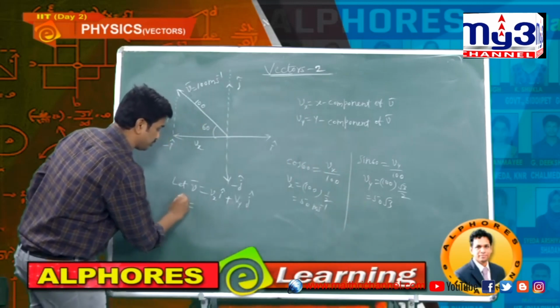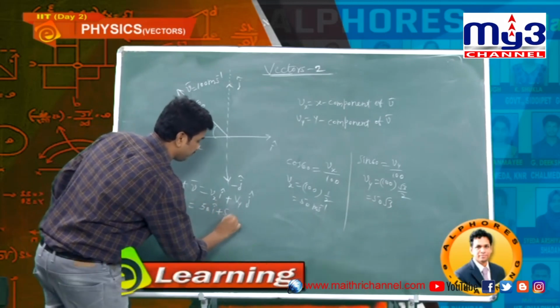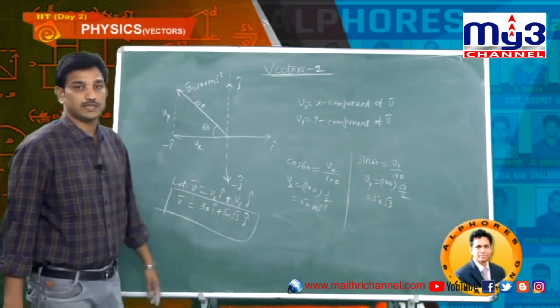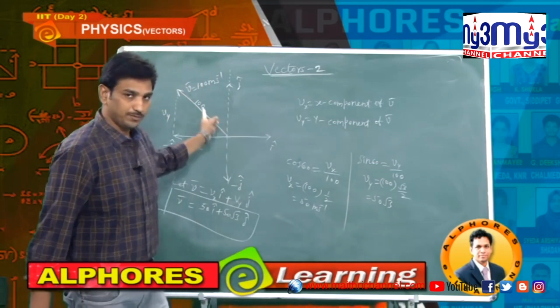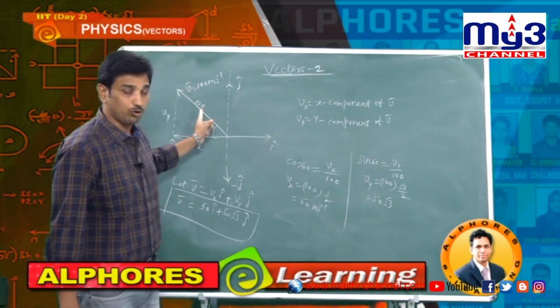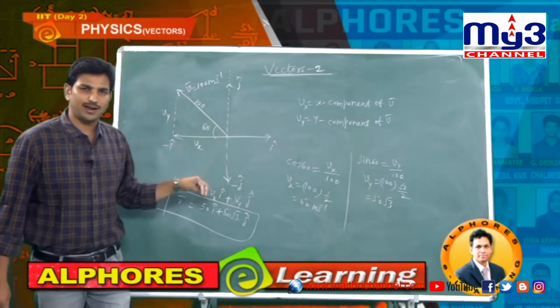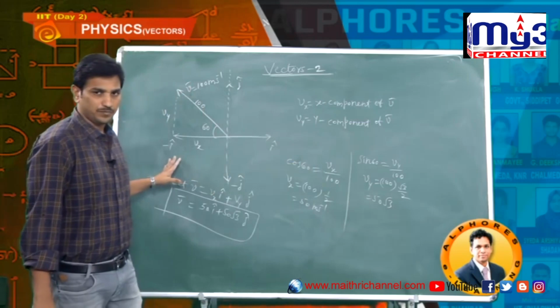Finally, substitute: 50 i cap plus 50 root 3 j cap. This is the velocity vector. So I know the magnitude of velocity, but I didn't know the vector form of velocity. How did we do that? Simple and logical, very easy to understand.